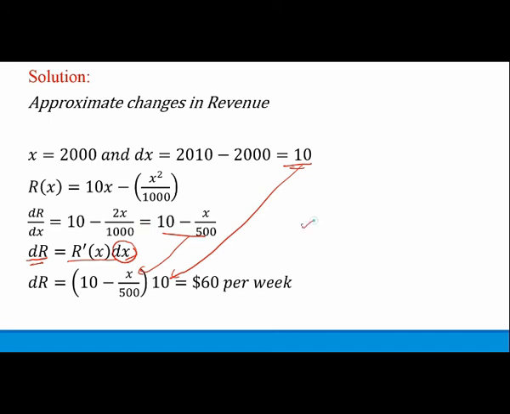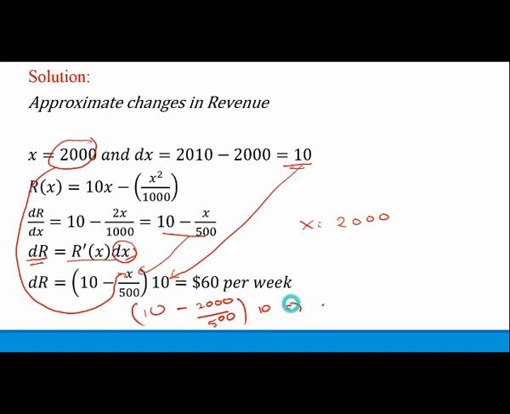Now we know that x equals 2000, so just substitute x into this: 10 minus 2000 divided by 500, multiplied by 10, is equal to 6 times 10, which is 60. This is $60 per week. This means the change is $60 per week, every week.